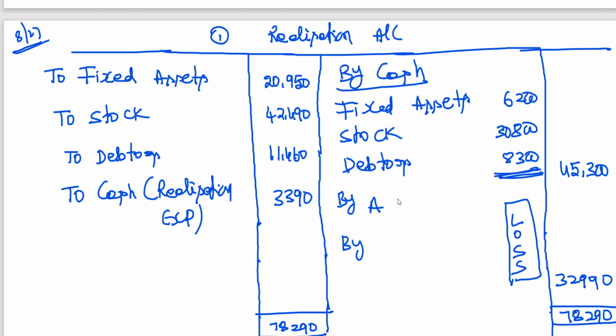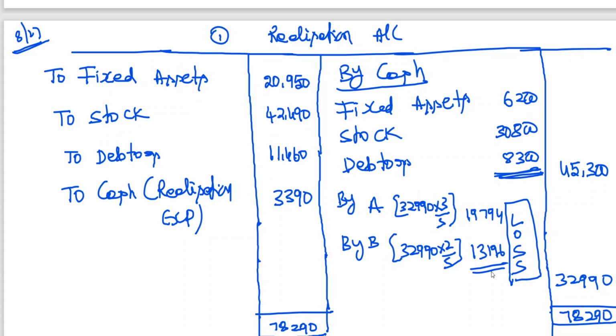So 19,794. Okay. It is coming to 13,196. This is a loss. So this loss will be transferred to A and B.